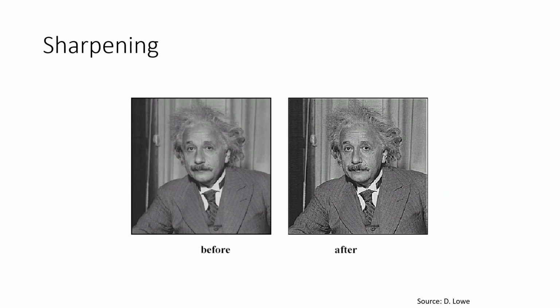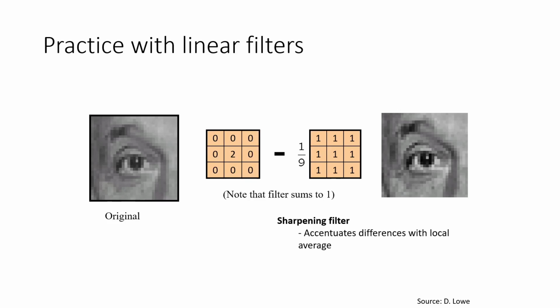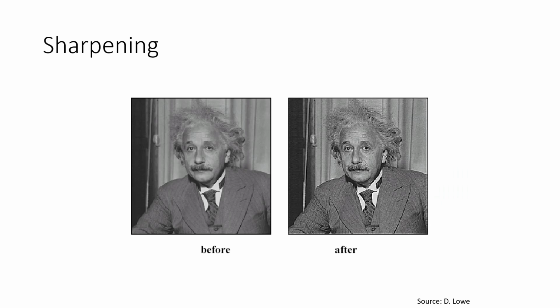The reason is, this is a high pass filter, and it enhances the high frequency signals in the image. So we see more high frequency details in the output image. So it looks like a sharpening result.